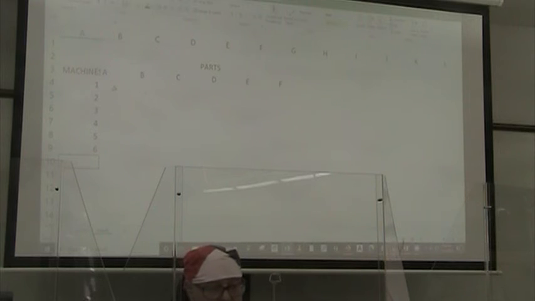All right, so part A goes to machines 1 and 3. B goes to 3 and 5. C goes to 4 and 6.